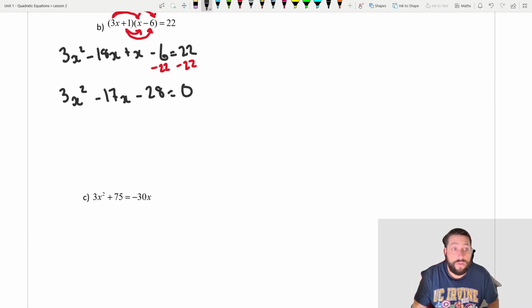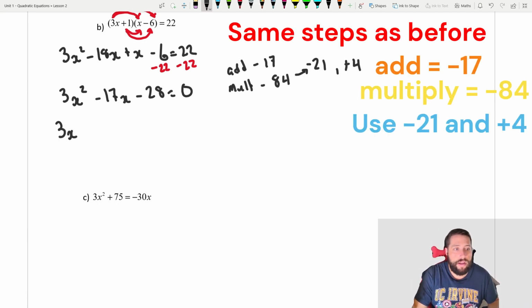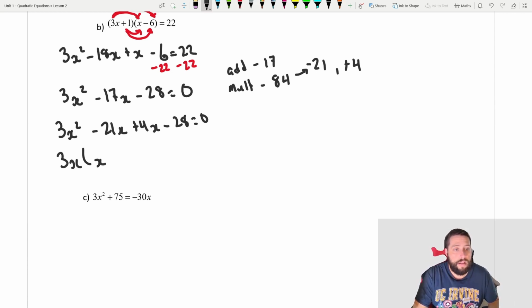When you factor this, it's going to be 3x squared minus 21x plus 4x minus 28 is equal to 0. We factor the first two terms, so that's 3x times x minus 7. And what's common between the next two is a +4, and then it's x minus 7.